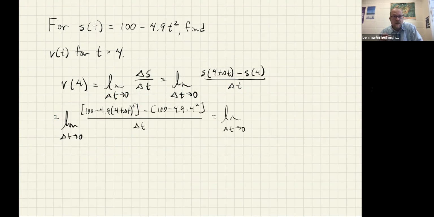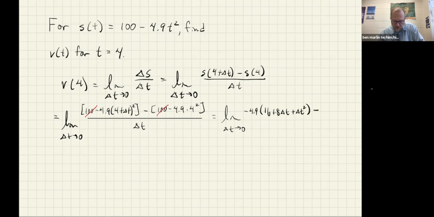All right, with the subtraction portion, you can see pretty easily that the 100s go away. But the other piece of it is not so easy. We'll have minus 4.9 times 4 plus delta t squared. Squaring that will be 16 plus 8 delta t plus delta t squared.